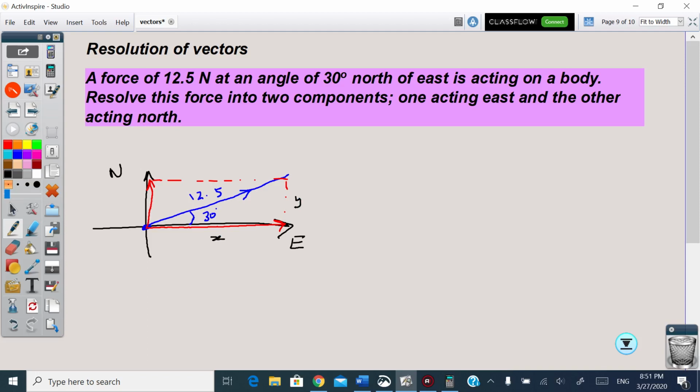Then my two components are obtained by the following: x divided by 12.5 is equal to cosine 30, and you can solve that. Y divided by 12.5 is equal to sine 30. Do the calculation, find x and y, and you can tell what the components of this force are.